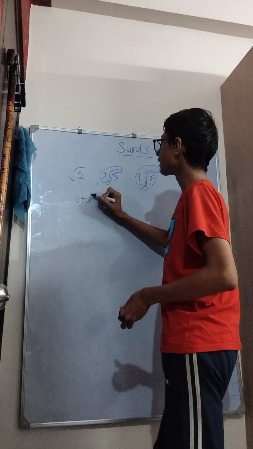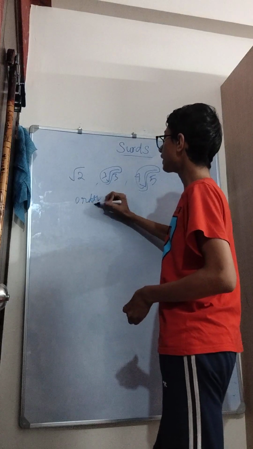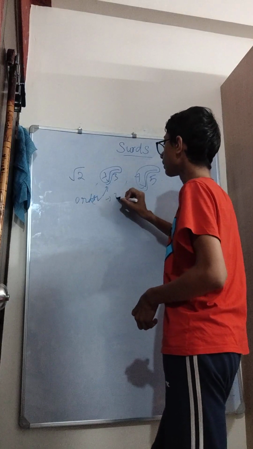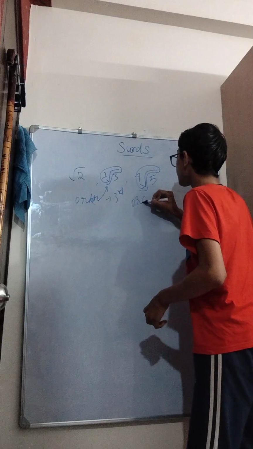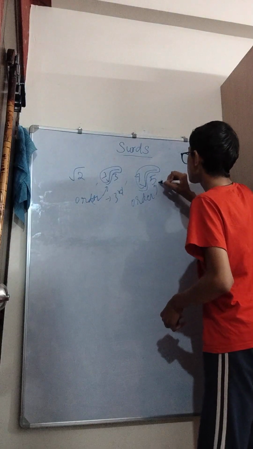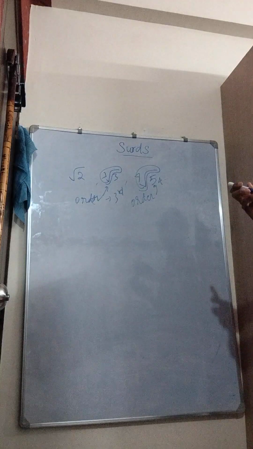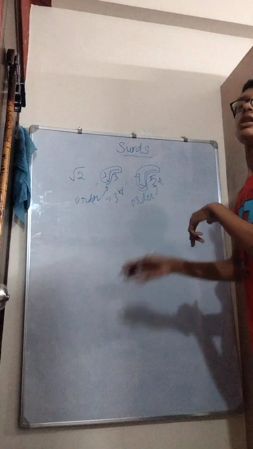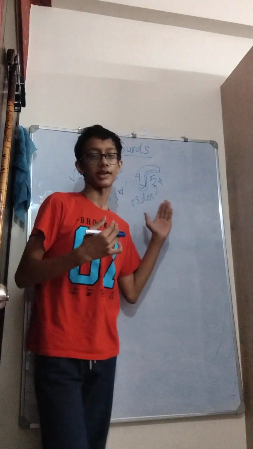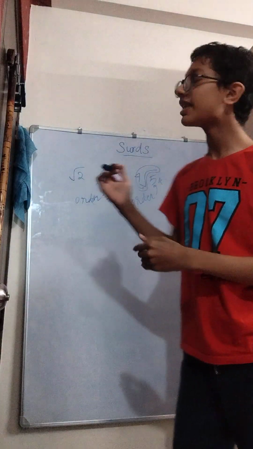So the order of this one is 3, so this is the third order, and this is the fourth order. These are the main important things. So this is basically surds.